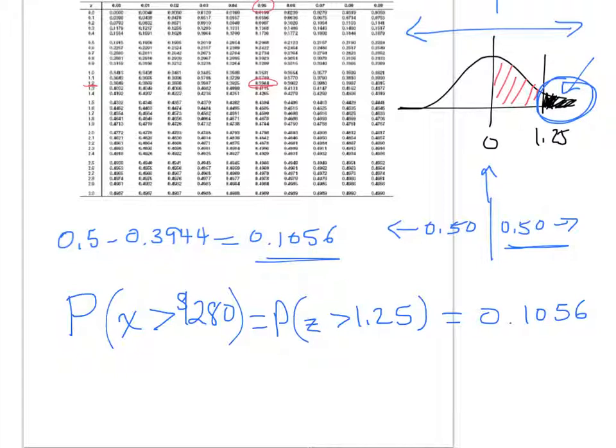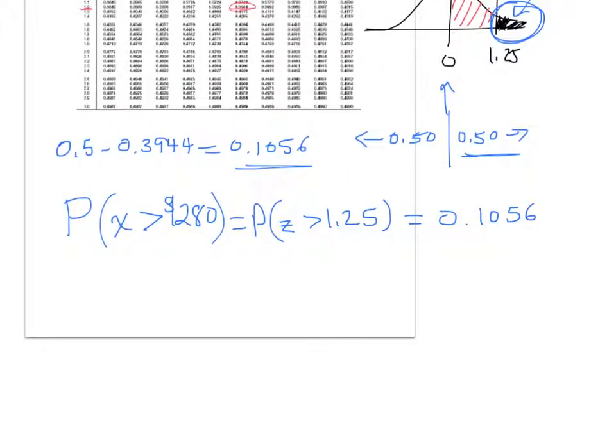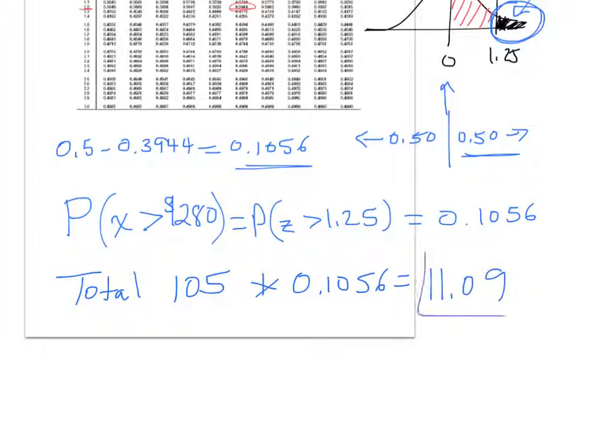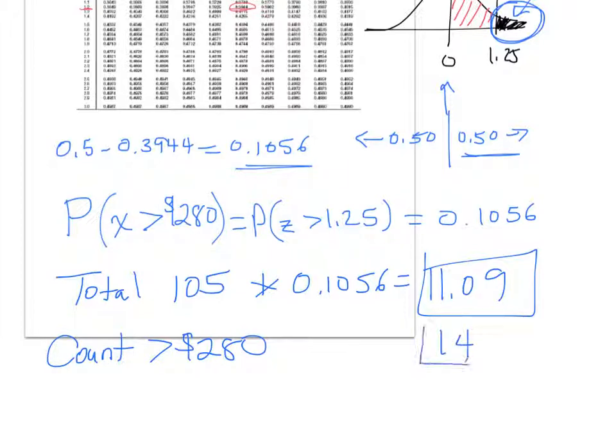If you look in the spreadsheet, the total number of homes was 105. I don't have the spreadsheet up here. We'll take the total times this value, which says about 10% of the homes, and you should get 11.09. Now actually count the homes greater than 280, and I think if you count these, you should get 14.